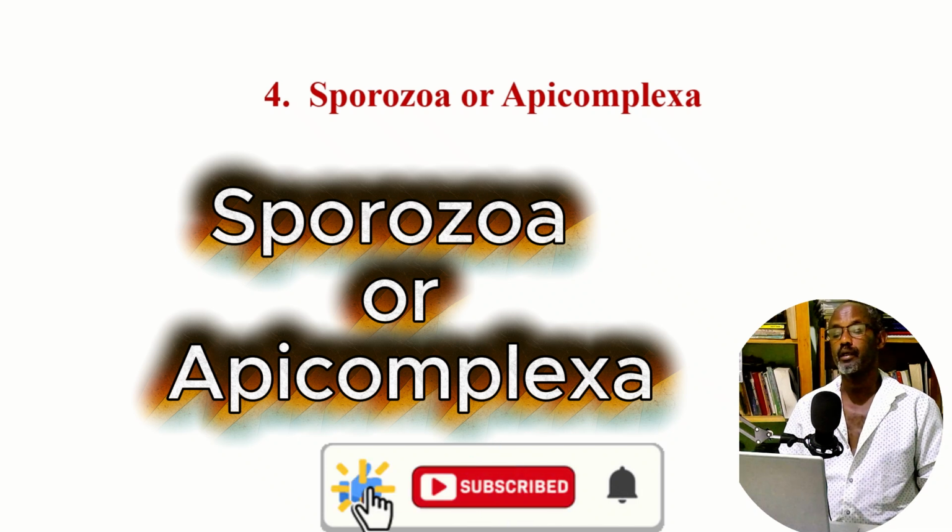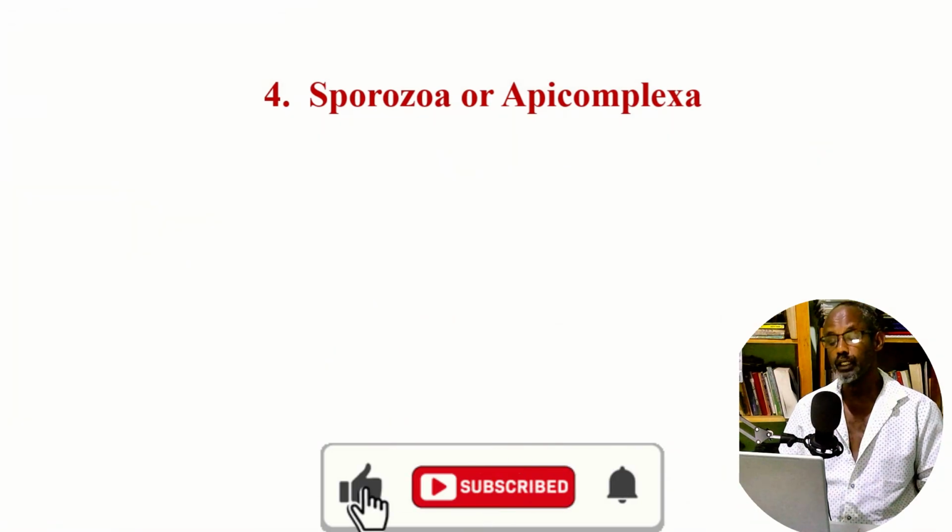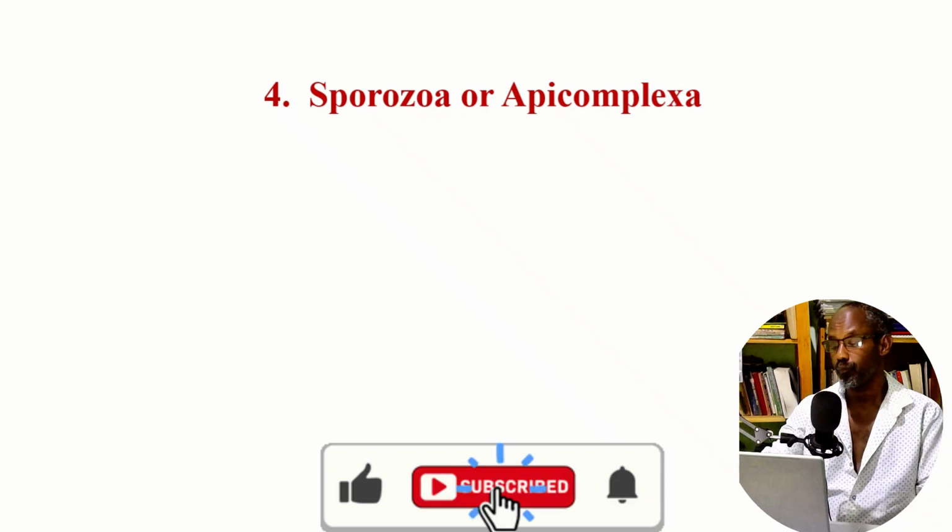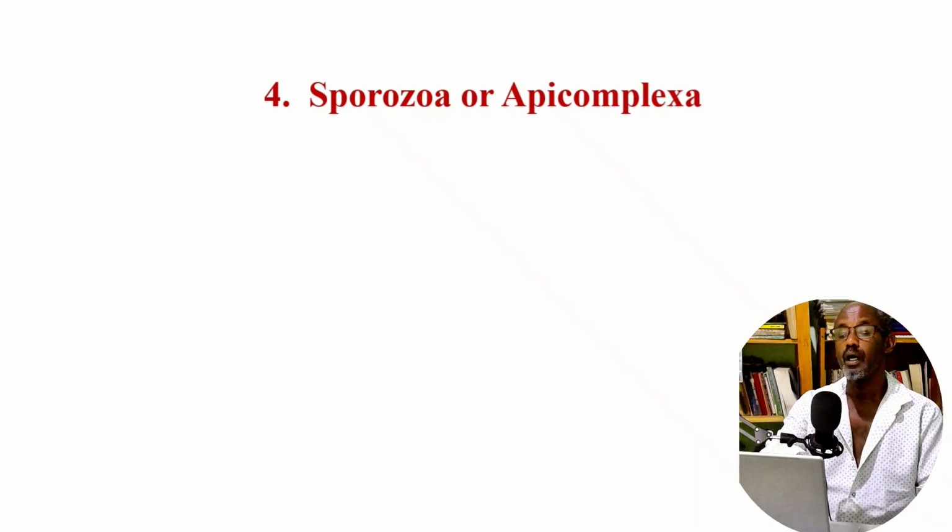The most deadly species of protozoa are found in here. Totally, they are parasitic. Parasitic not only to humans, but also to our domestic animals, even the poultry. They are destructive to the poultry industry. And therefore, today we shall see about Sporozoa or the Apicomplexa.